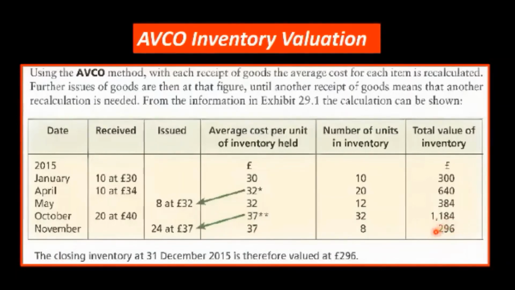So this is the value of the 8 units remaining in inventory using AVCO at the end of November. This is a mistake here, that should be November.